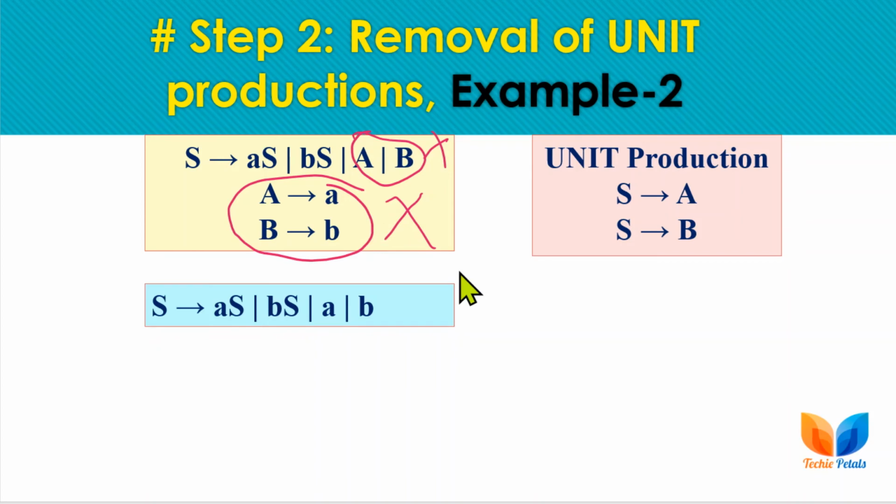So we can also remove these useless production rules and useless symbols from the grammar, and this is the simplified grammar after removal of unit production rules from the grammar.